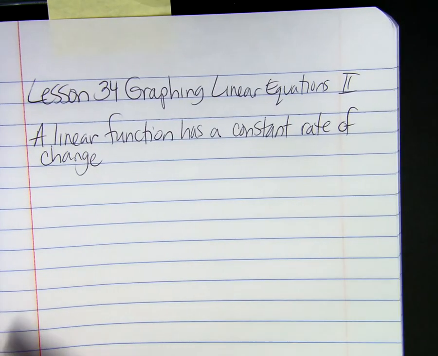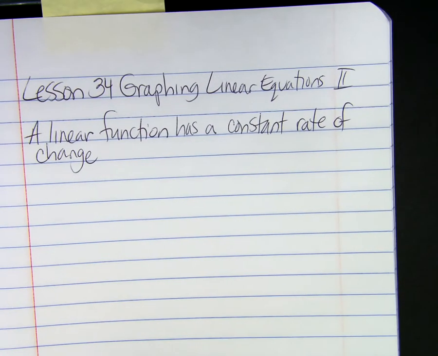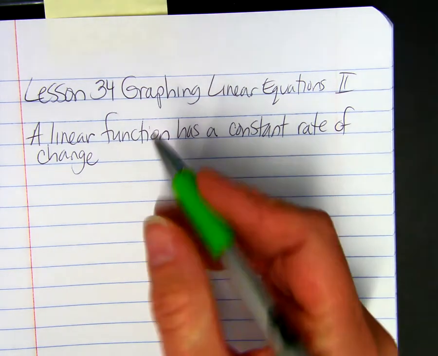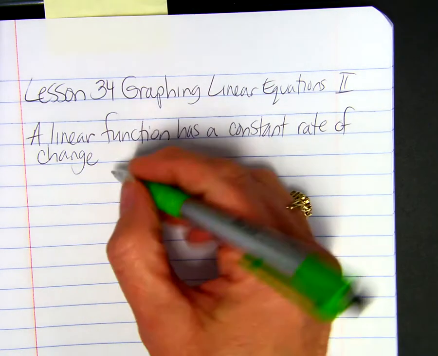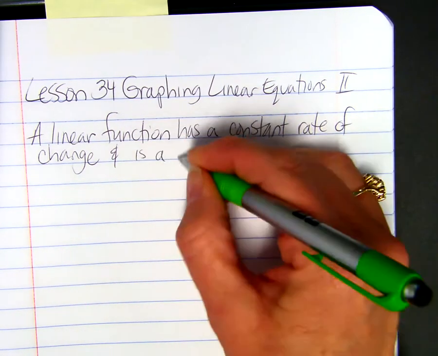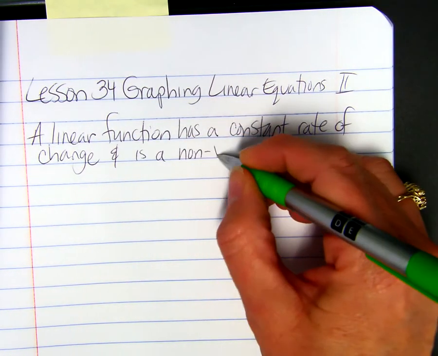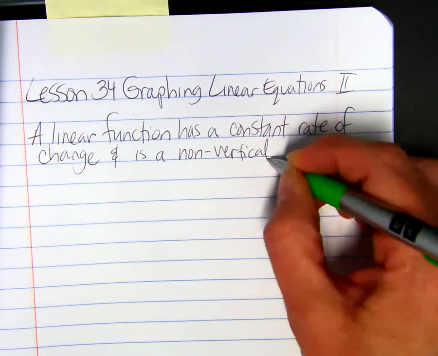A linear function is a line, a non-vertical line. So a linear function has a constant rate of change and is a non-vertical line.